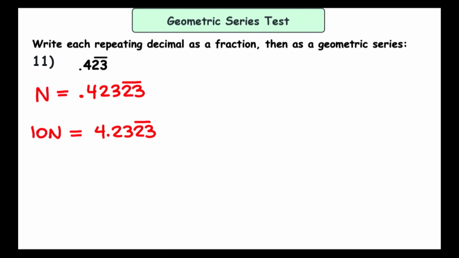So instead of 10n, I'll say 1000n. And that's going to end up being 423.2323 repeating. All right, once again, we can subtract.